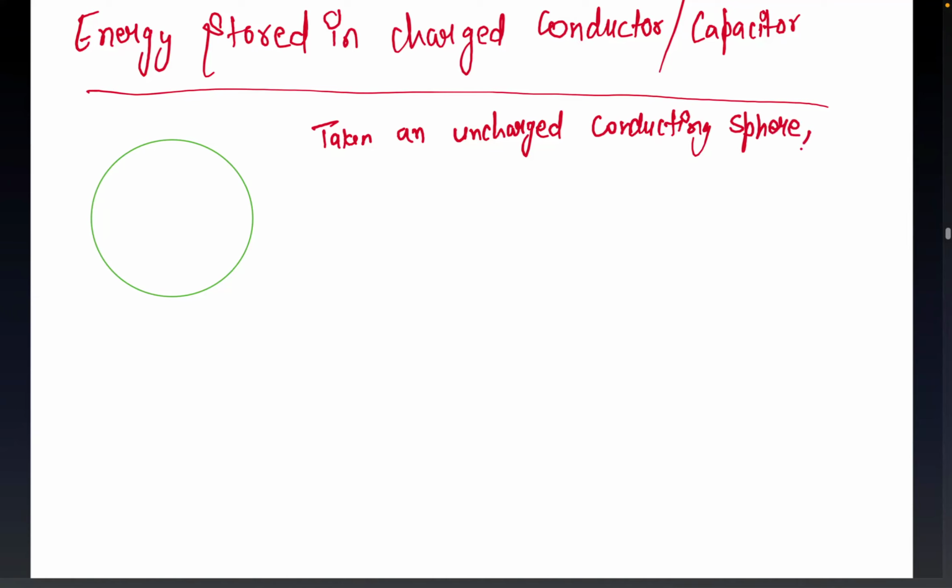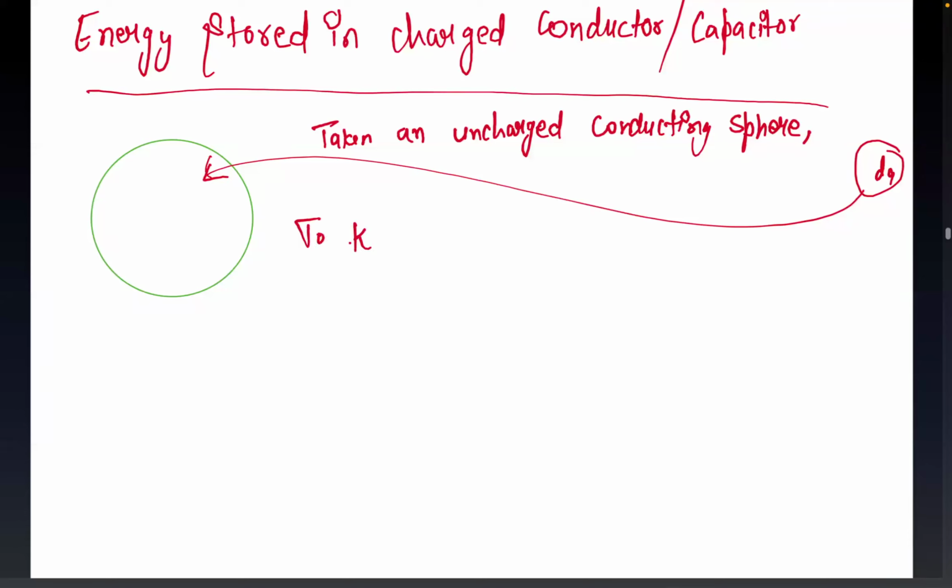So this is what we are going to do here also. What we will do? We will take some smaller charges, take it to this point, and put it over there. Is that clear? Yes. So just assume I took a very small charge and put it over there.